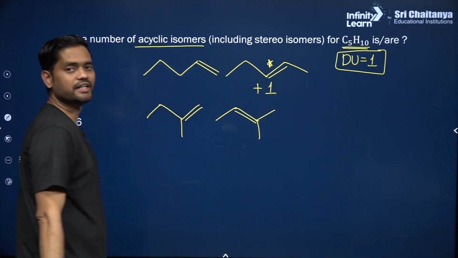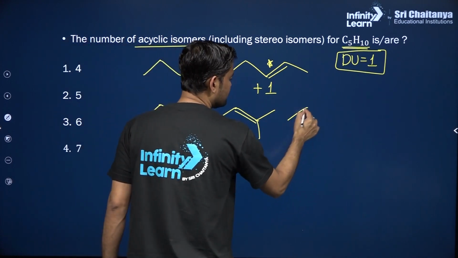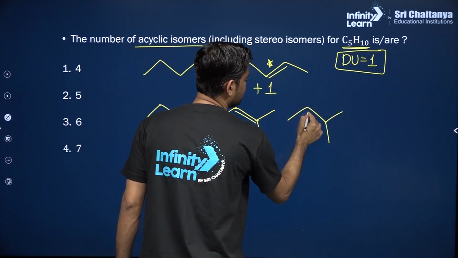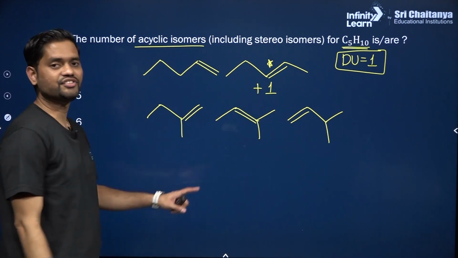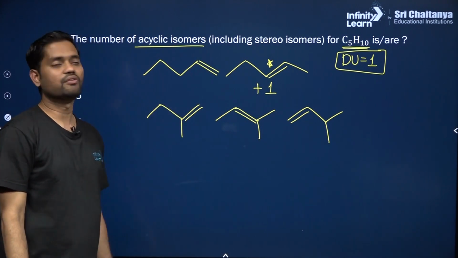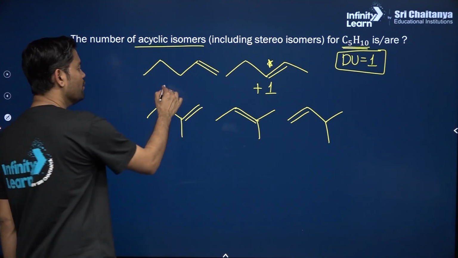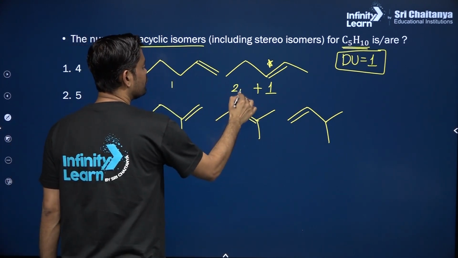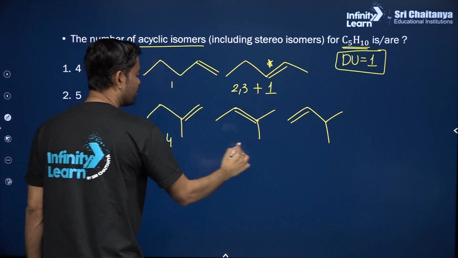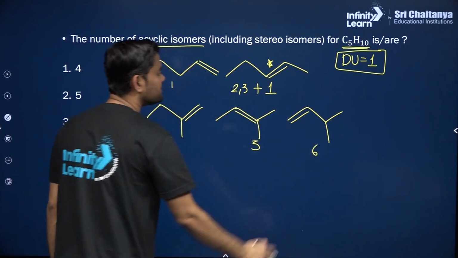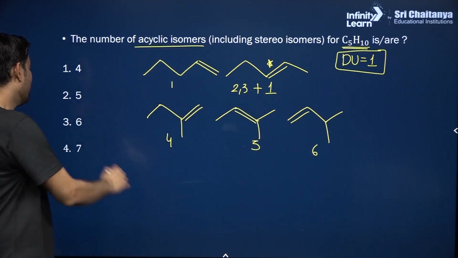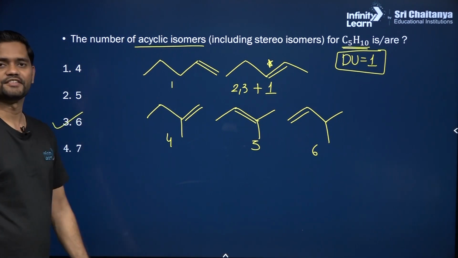This is another structure that you can draw, and this is the last structure. Again, what I have done is I have changed the position of what? Double bonds. Okay, clear? So how many structures can you draw? 1, 2, 3, 4, 5 and 6. So total 6 structures you can draw, and hence option 3 is the right answer.